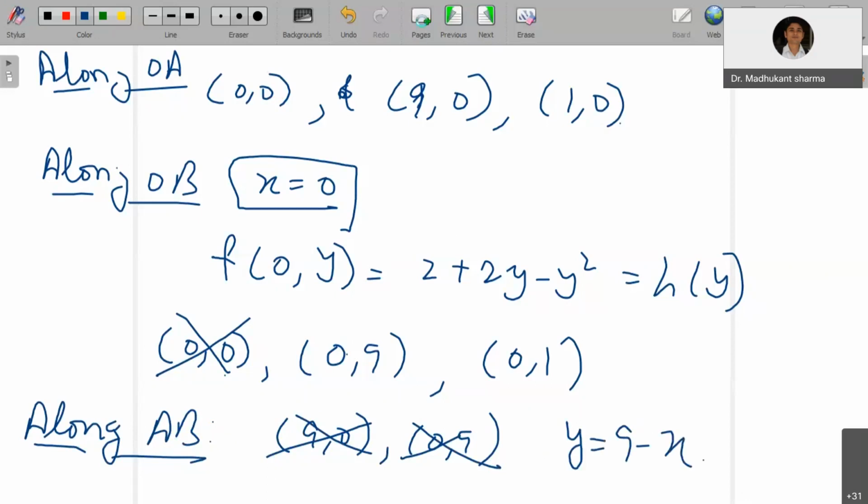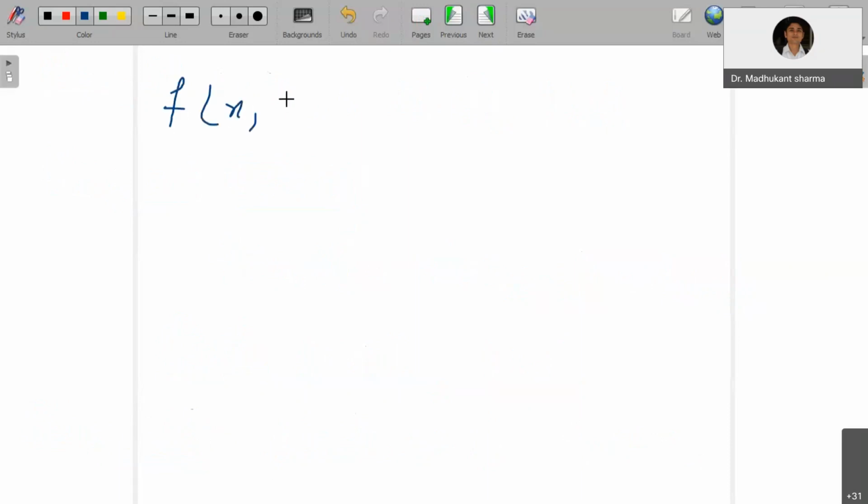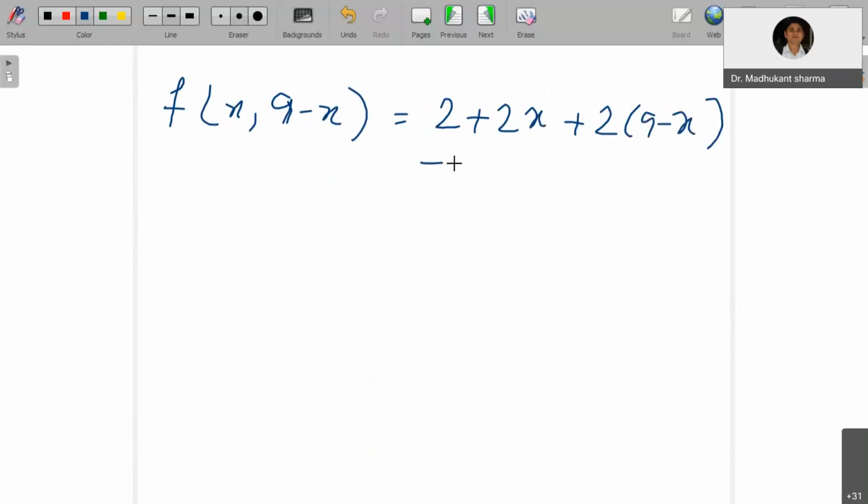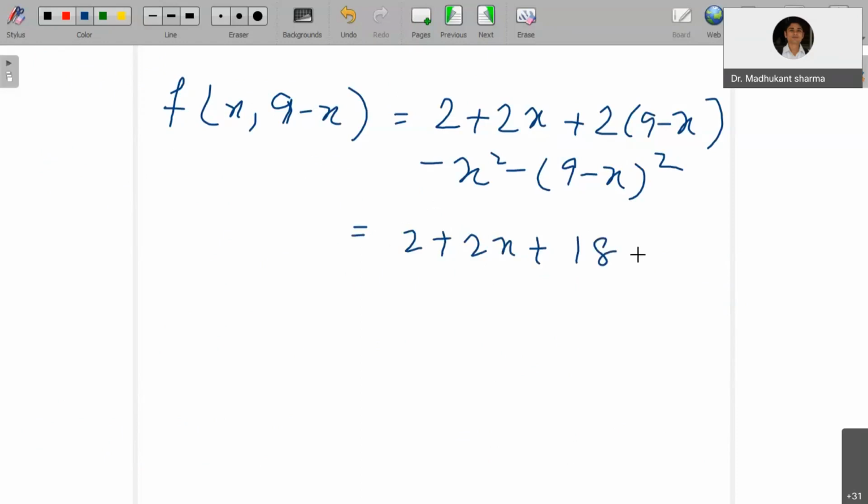So along this line, f of x comma y is 2 plus 2x plus 2y minus x square minus y square, where y is 9 minus x. So replace every y by 9 minus x. So this again will be a function of a single variable. So 2 plus 2x plus 18 minus 2x minus x square minus (81 plus x square minus 18x).